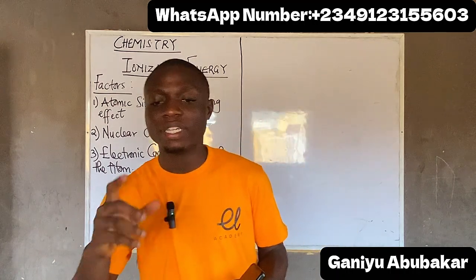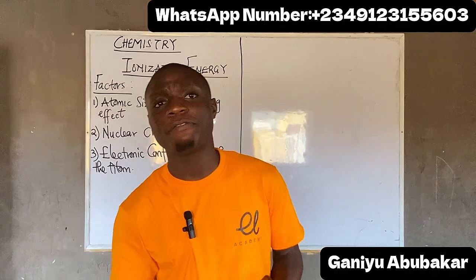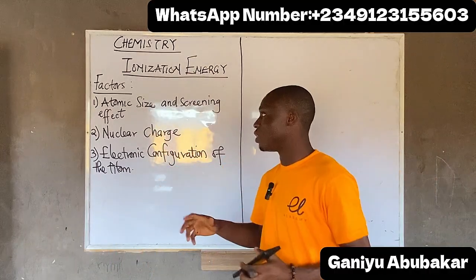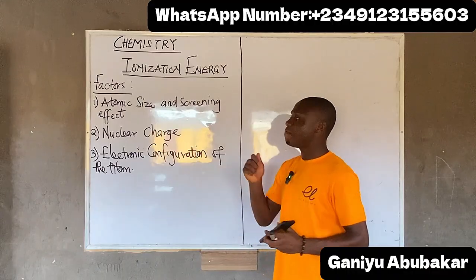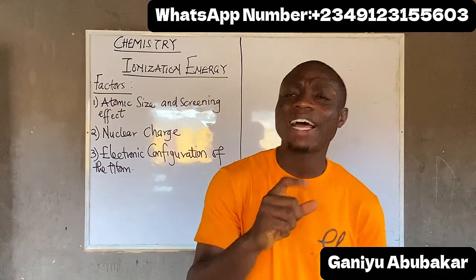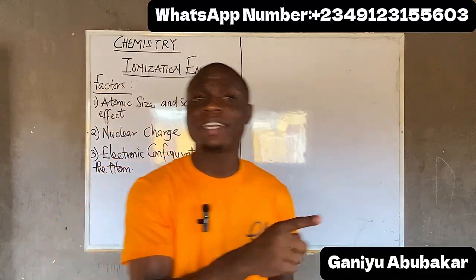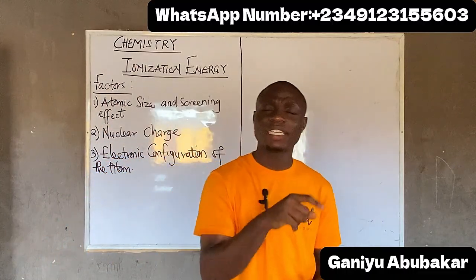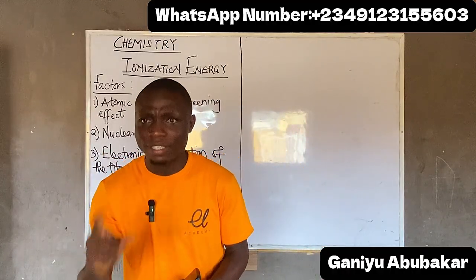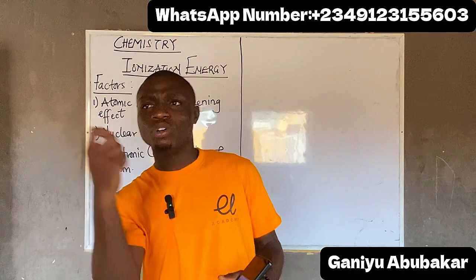Now, how do we get to understand these factors? What role do they play in affecting IE? Let's look at the roles. First, atomic size and screening effect. First things first, what's IE? In our previous class, I said it is the ability of an atom to lose an electron.